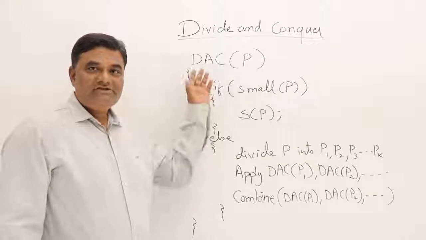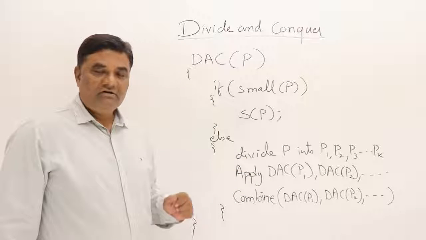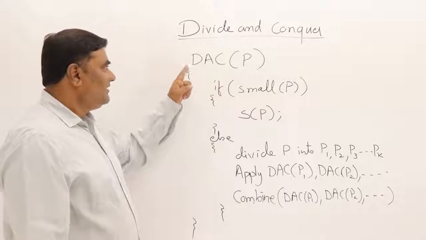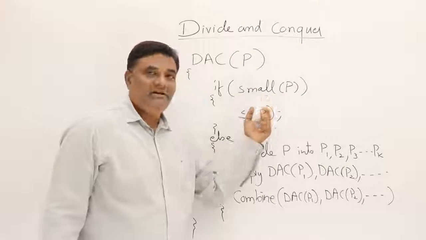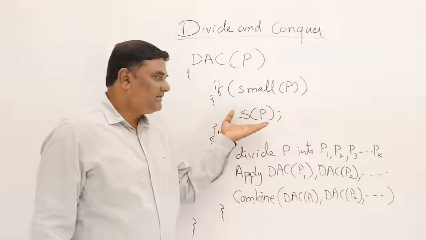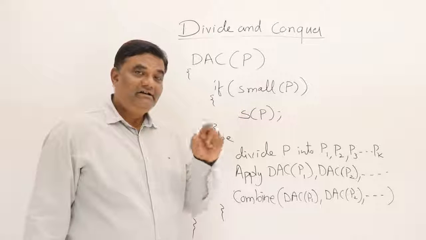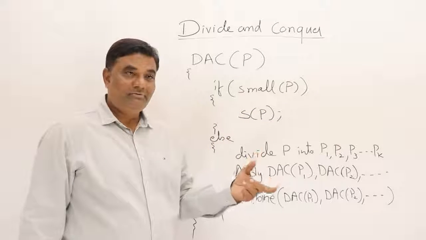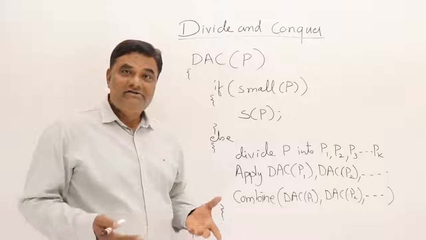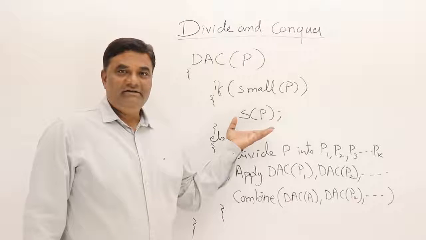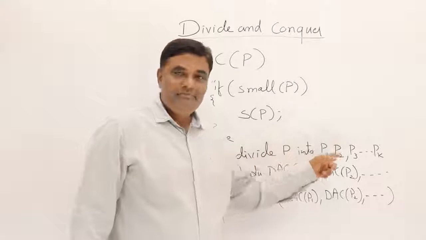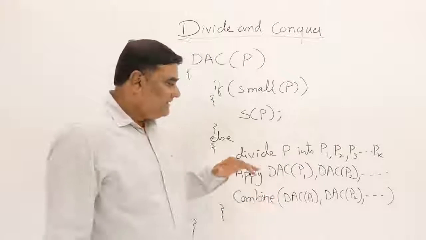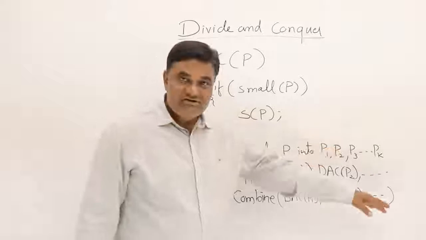Here is a general method for divide and conquer strategy. Divide and conquer upon a problem P. If P is small, then directly solve it. Yes, definitely there must be a solution for a small problem. If it is large, you are breaking it. If it is small, then solve it directly. If it is large, divide the problem P into sub-problems P1, P2 to Pk and apply divide and conquer on each.